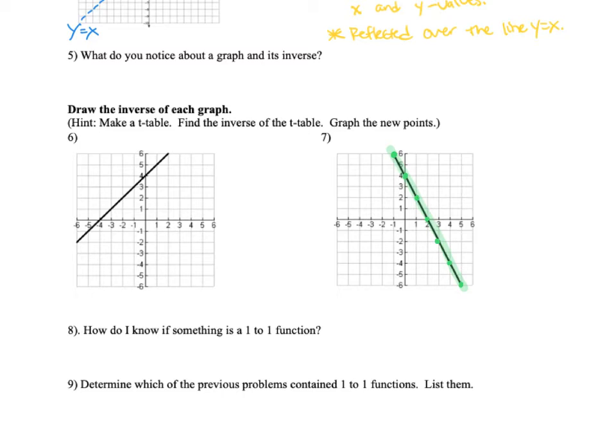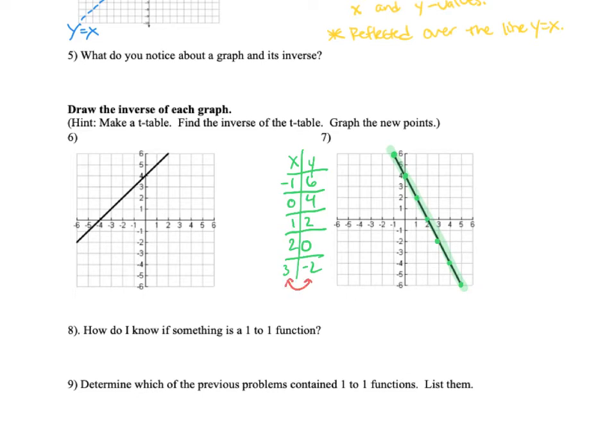So if I was to make a table for my green one, I looked at these points. Okay, I have (-1, 6), (0, 4), (1, 2), (2, 0), and (3, -2). Well, to find the inverse, I've made my t-table.